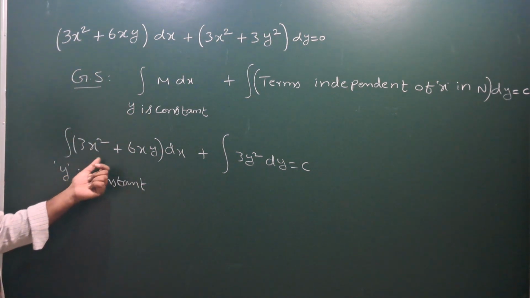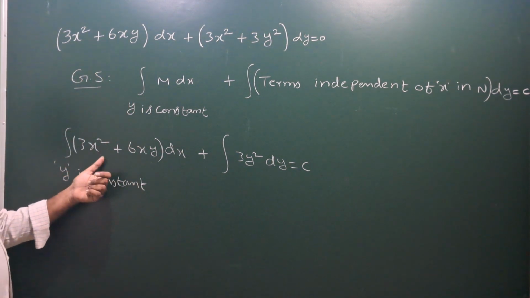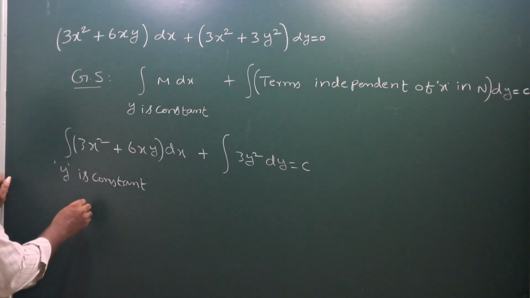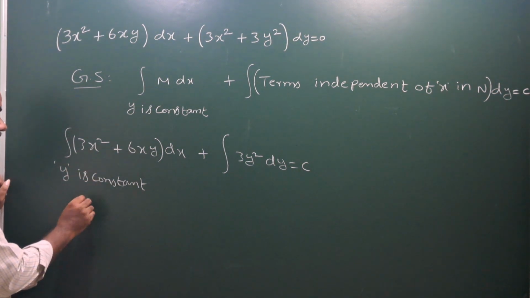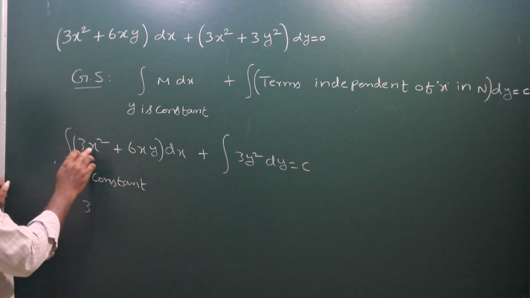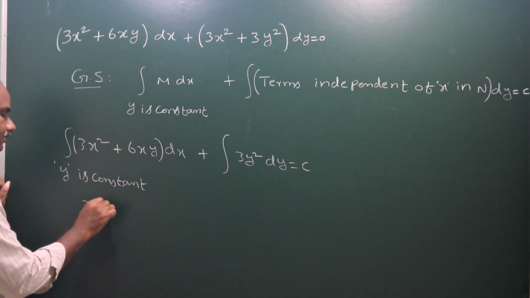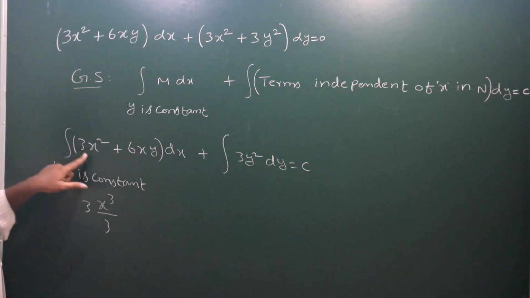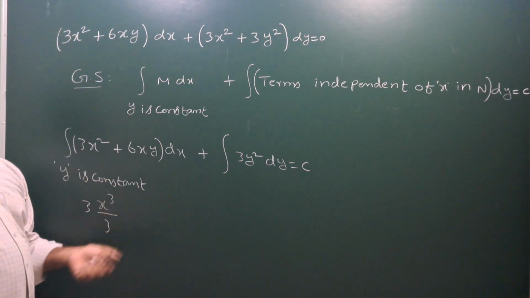Here we have to integrate this function with respect to x, and we remember that y is constant here. So the first term is 3x², take 3 outside, integral x² dx, that means x³/3, using the formula integral xⁿ dx = xⁿ⁺¹/(n+1).